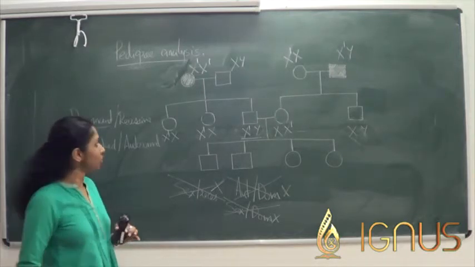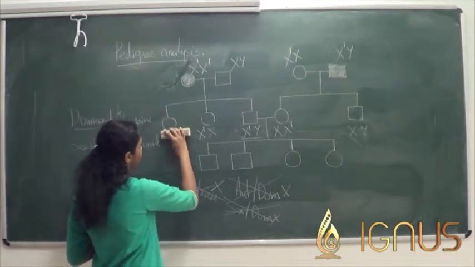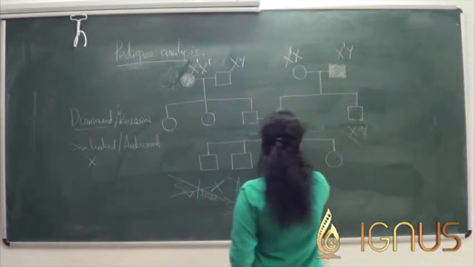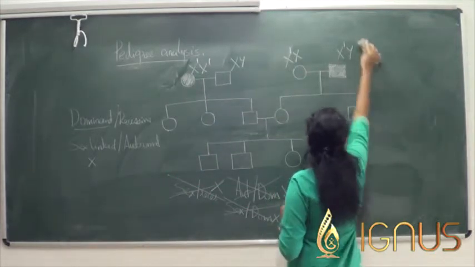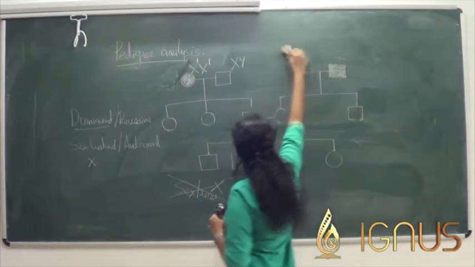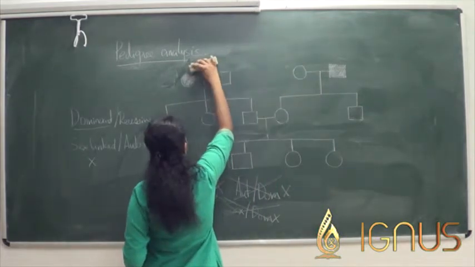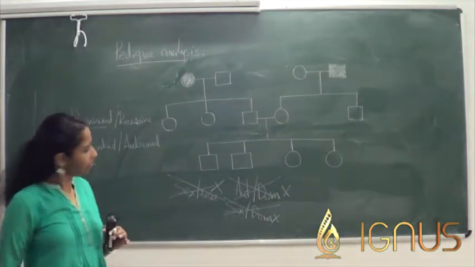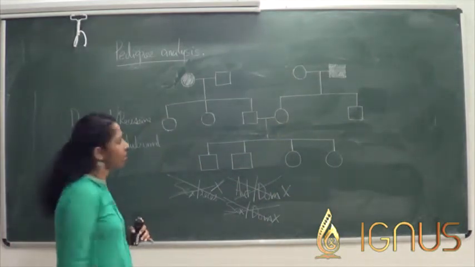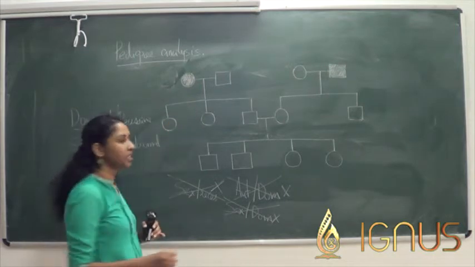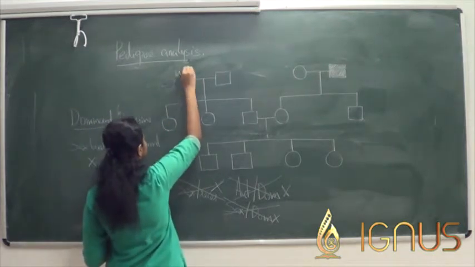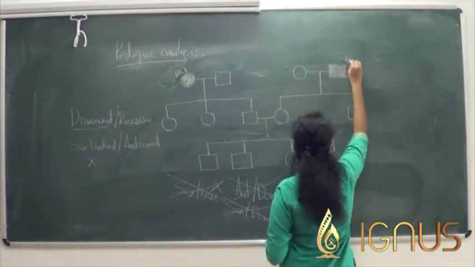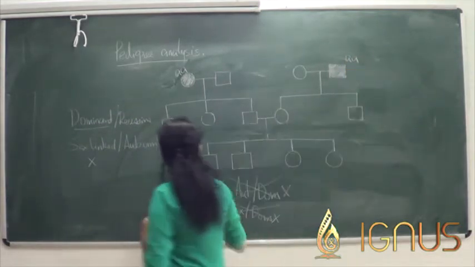Let's figure out whether autosomal recessive inheritance pattern makes sense in this case. If it is autosomal recessive, because the female here is affected, it means that she has both the recessive traits. Male here is affected, both the recessive traits.